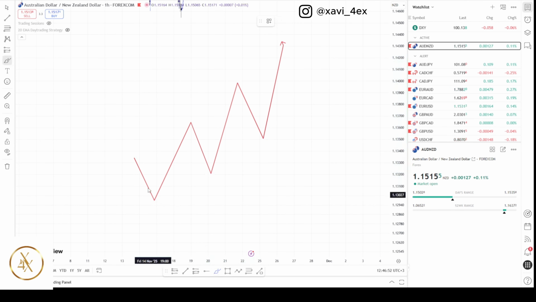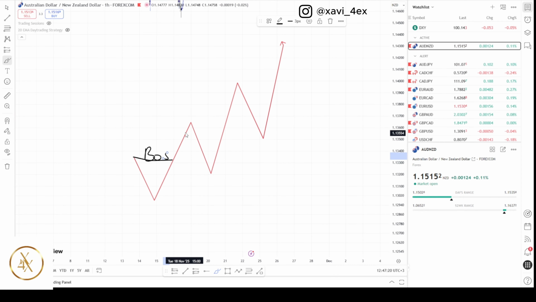So when market breaks, we call this a break of structure. So what we are looking for exactly in my way of trading is finding the entries on the retracement to push the market back up.